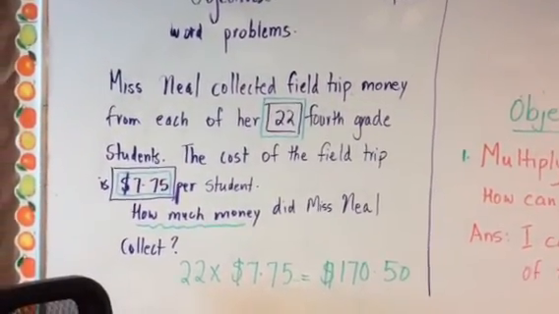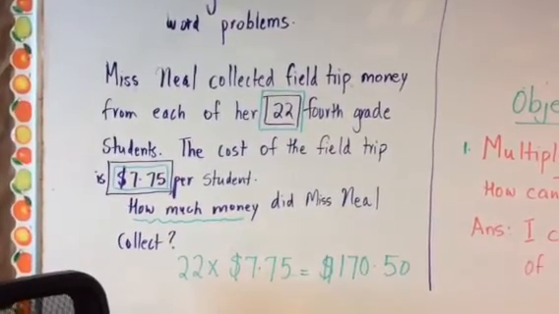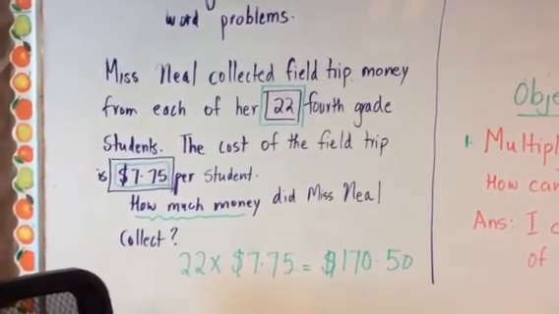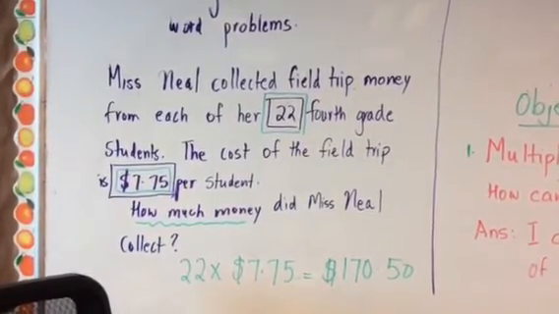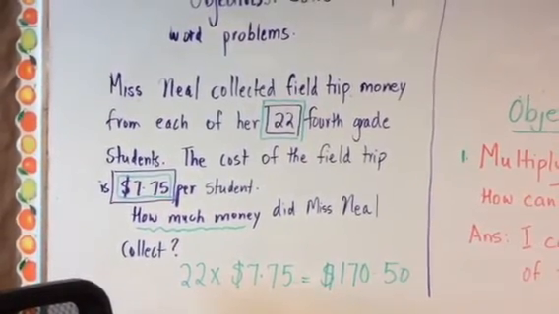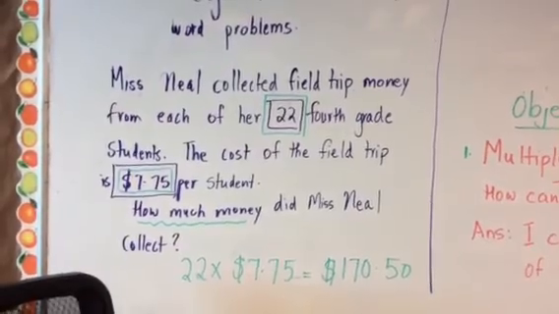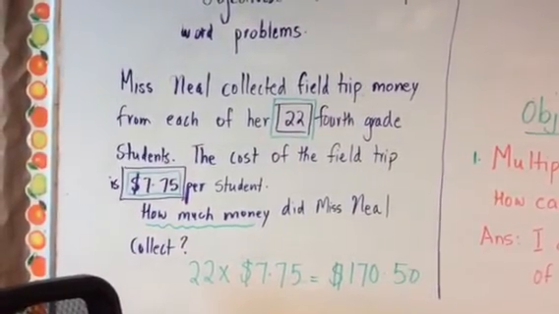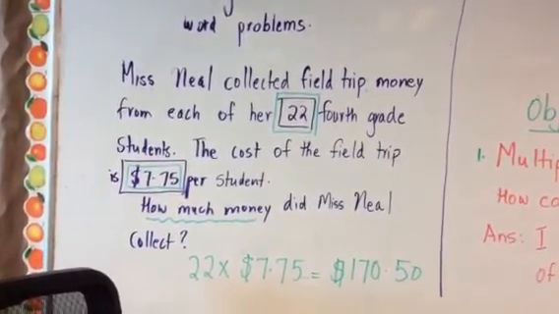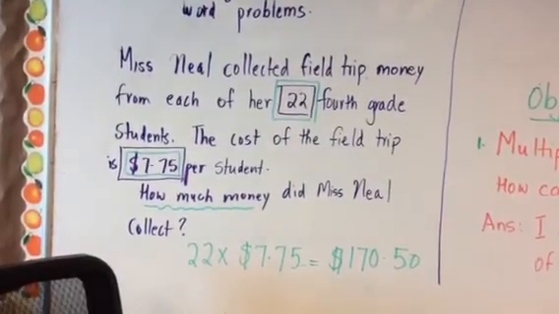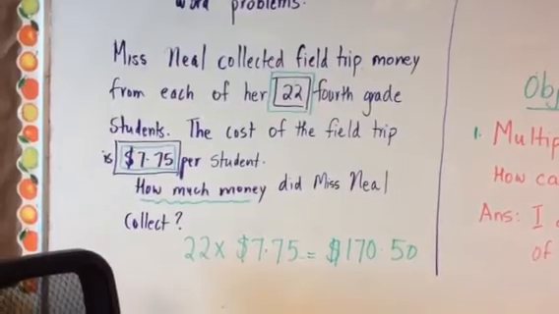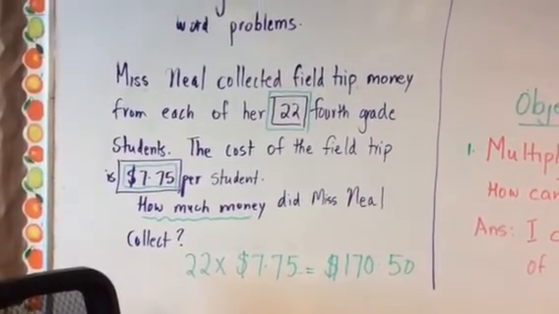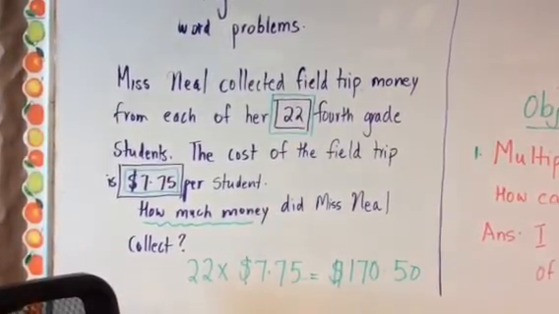If we box them as we read, we know where to do something with them. Now I underlined the question: how much money did Miss Neal collect? 22 times $7.75. When you multiply, you should get $170.50. We learned multiplying with money in video 1.